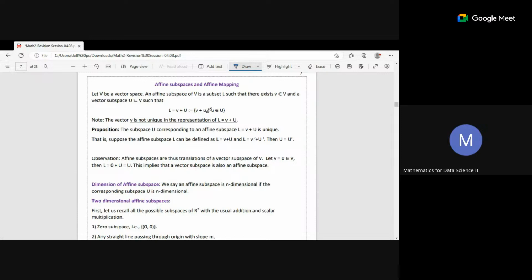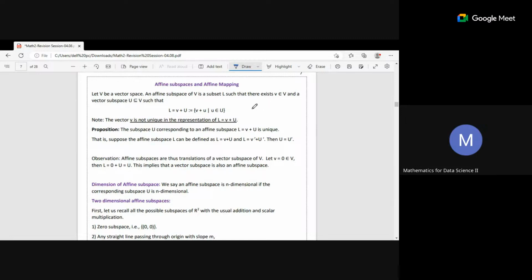The very first question about affine spaces is: are affine spaces subspaces of a vector space? No, not necessarily. Affine spaces need not be subspaces of a vector space. They are translations or shifting of subspaces.